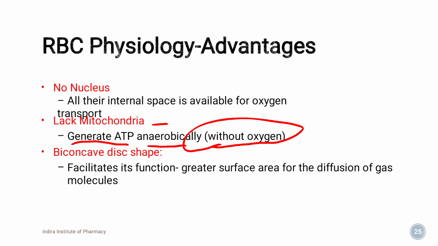The biconcave disc shape of the RBCs facilitates their function, because a greater surface area is available for the diffusion of oxygen and carbon dioxide.